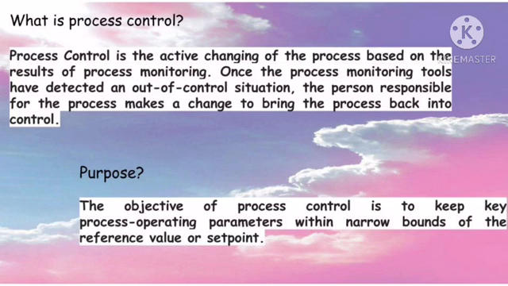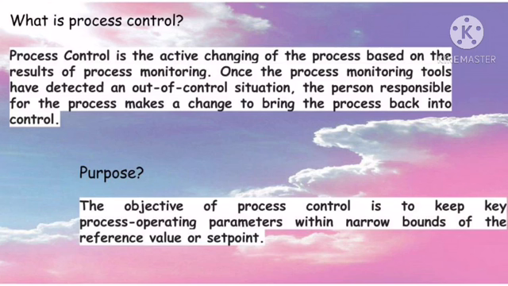It means that the person or an engineer in charge will bring back the machine or process to the normal condition, in order for every machine and process to work in good condition. So what is the purpose?